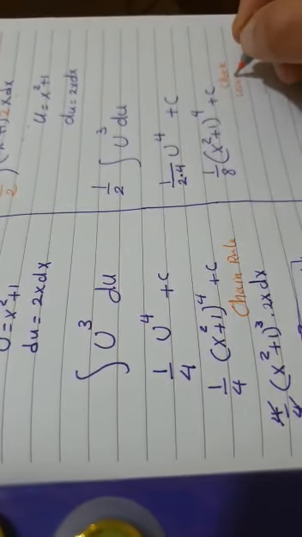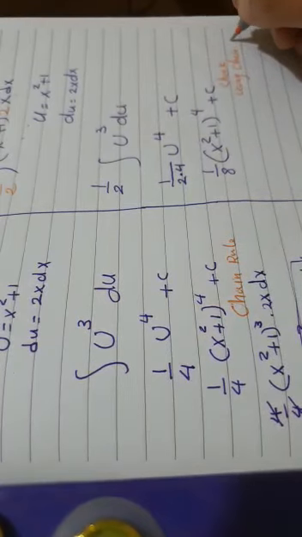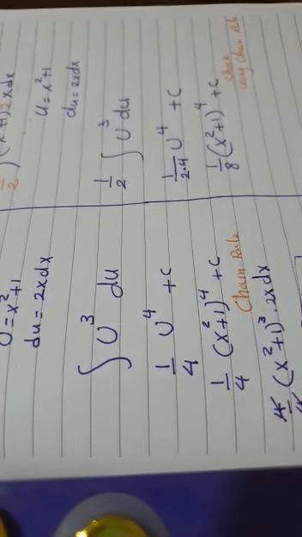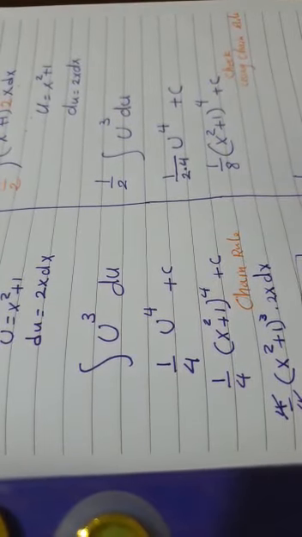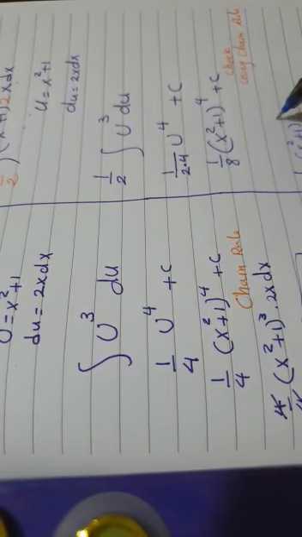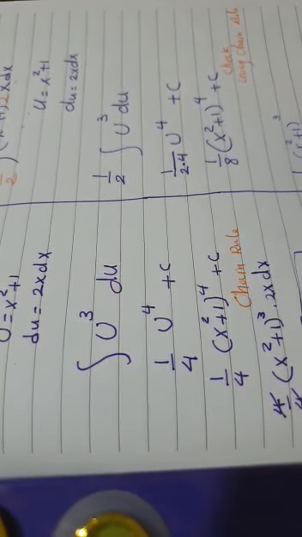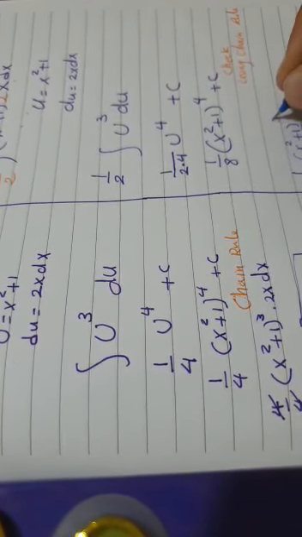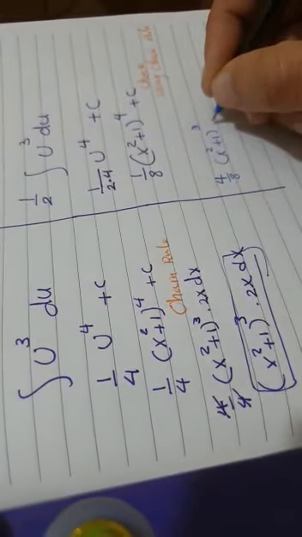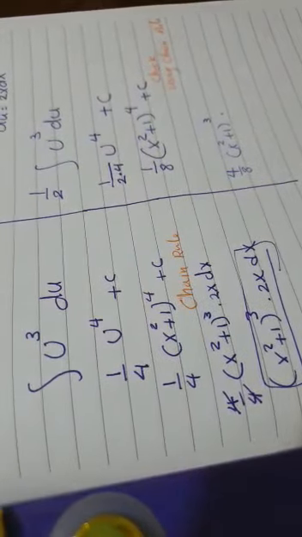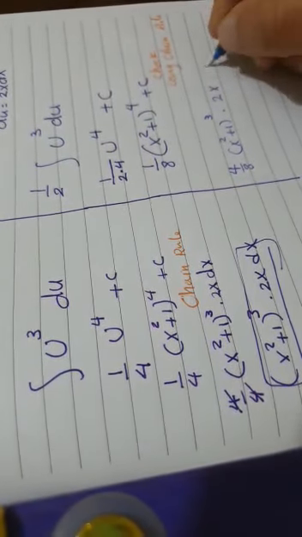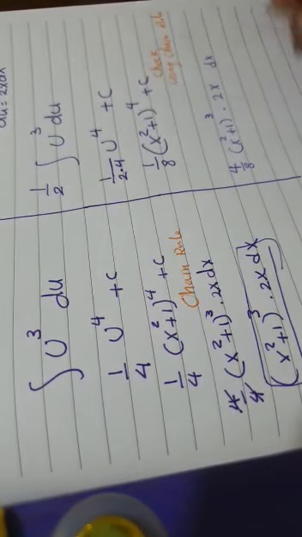Again, let's use the chain rule to differentiate, to check our answer. Outside times the derivative of inside. 1/8 as it is. x squared plus 1 to the power 4 will be 3, and multiply times the old power, which is 4. Then multiply times the derivative of inside, which is 2x dx, and of course the derivative of c is 0.